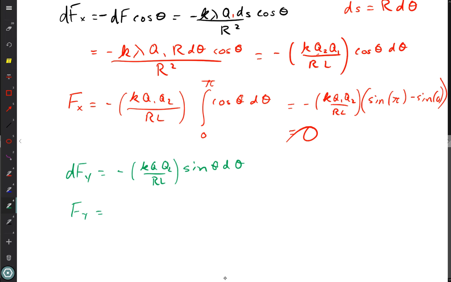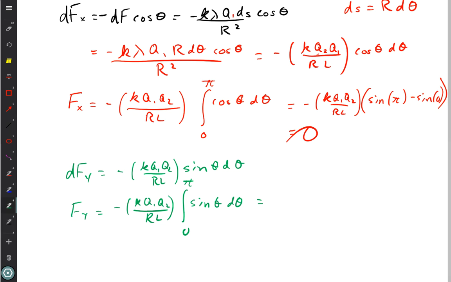So F sub y is going to be the integral, and let's put the constant out front again. Okay, so what's the integral of sine theta d theta? Negative cosine theta. Well, I had a negative sign out front, so a negative and a negative is going to make it positive.